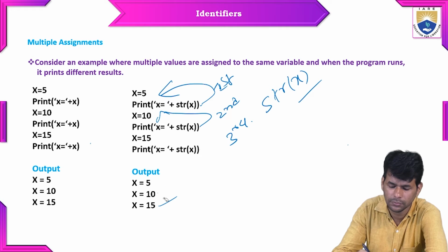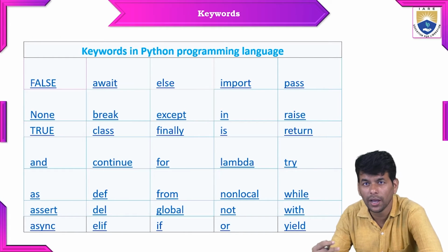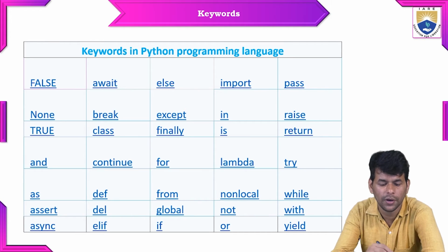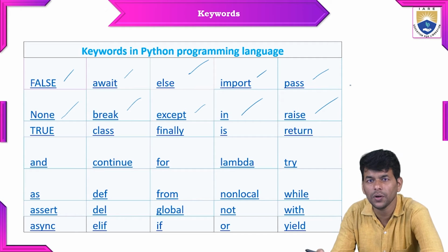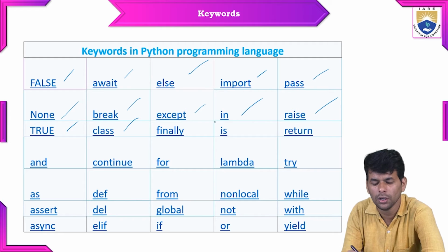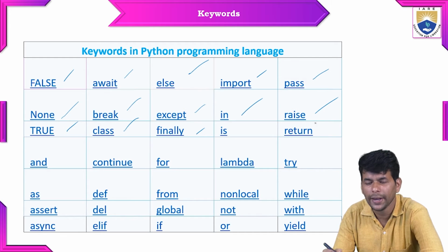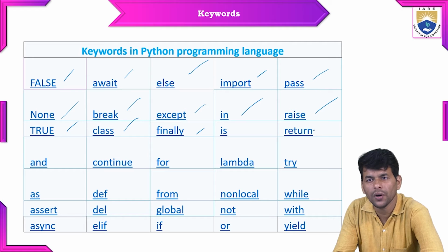The next one is the list of keywords in the Python programming language. We have False, await, else, import, pass, None, break, except, in, raise, True, class, finally, is, return, and continue, for, lambda, try, def, from, nonlocal, while, assert, del, global, not, with, async, elif, if, or, and yield.